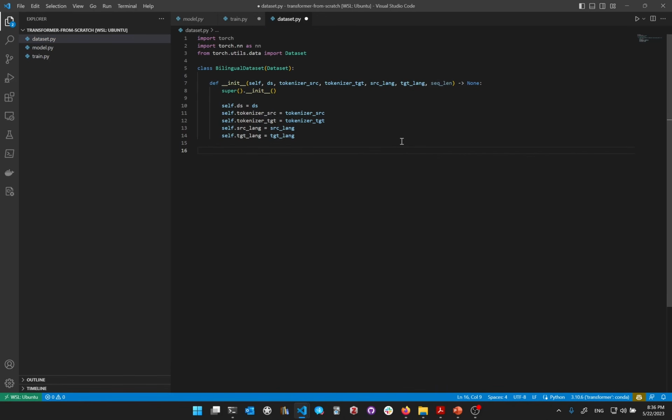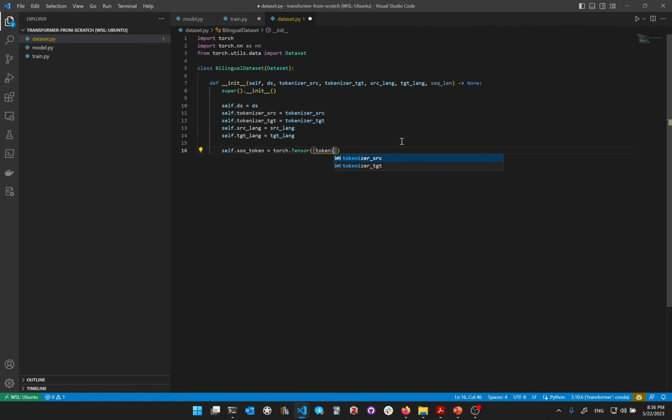We can also save the particular tokens that we will use to create the tensors for the model. So we need the start of sentence, end of sentence, and the padding token. How do we convert the start of sentence token into a number, into the input ID? There is a special method of the tokenizer to do that, so let's do it. So this is the start of sentence token. We want to build it into a tensor. This tensor will contain only one number, which is given by the tokenizer.